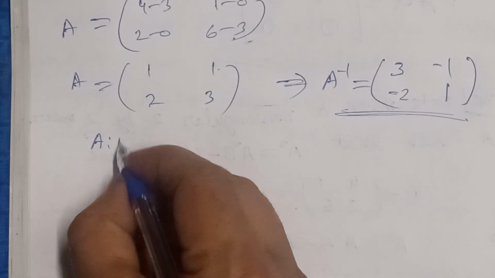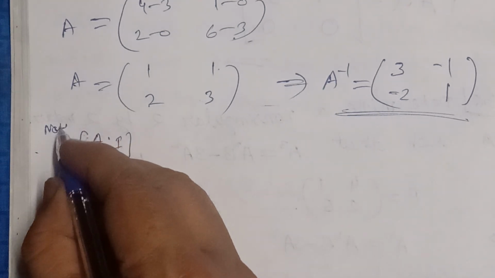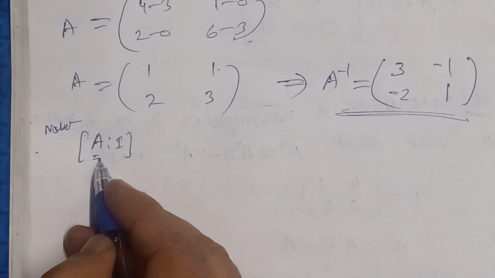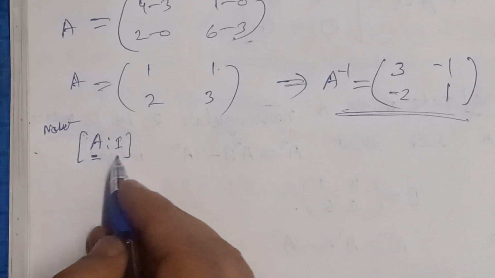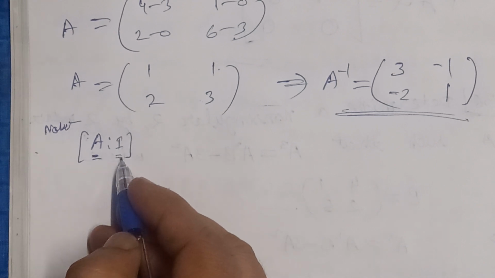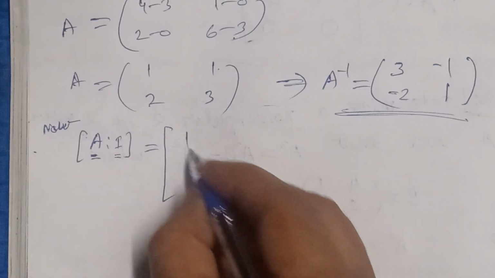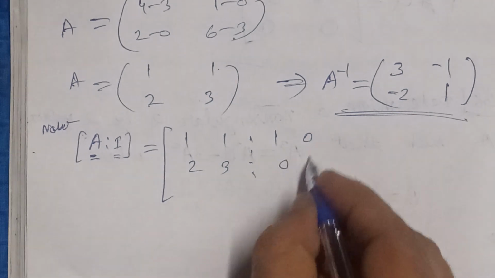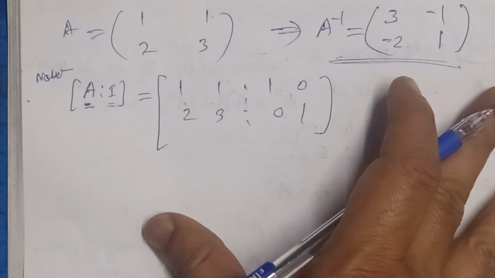A I. Take the matrix and convert it. If you convert this A into I, then this I becomes A inverse. So I write A as 1 1 2 3 and I as 1 0 0 1, the same order. This identity matrix has the same order.